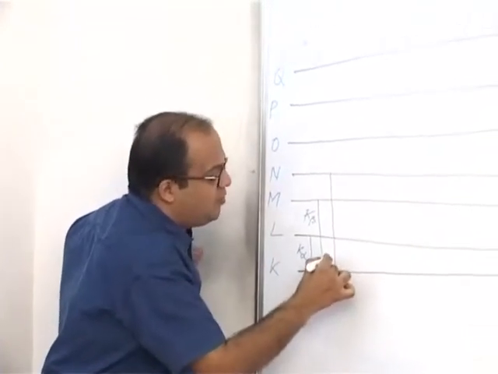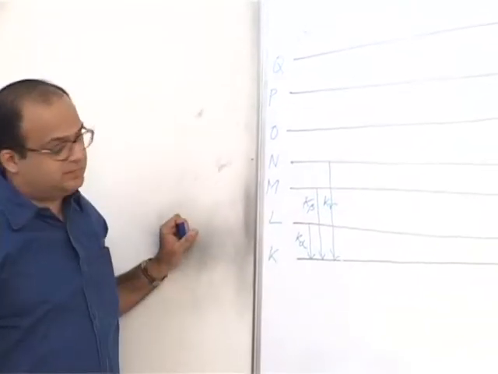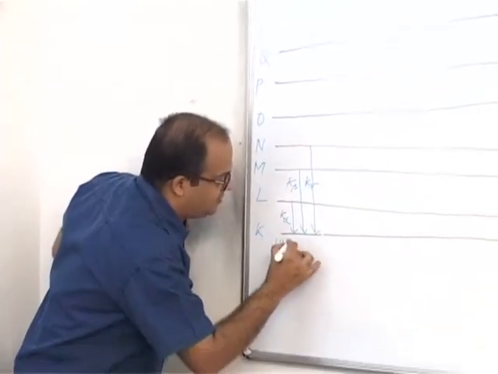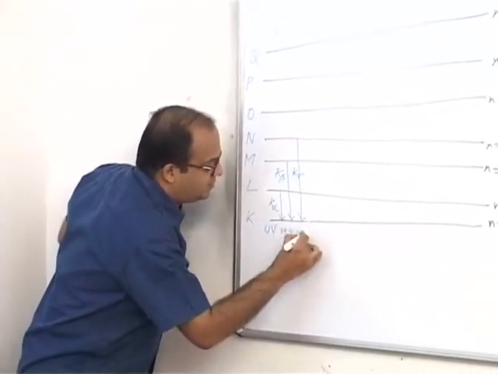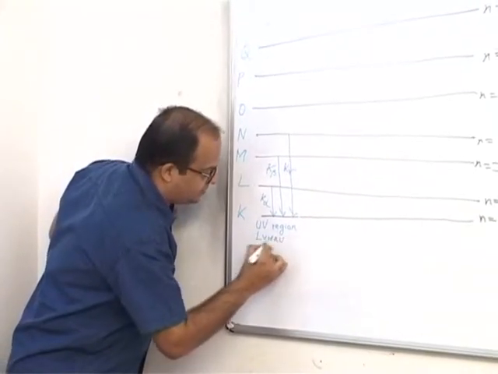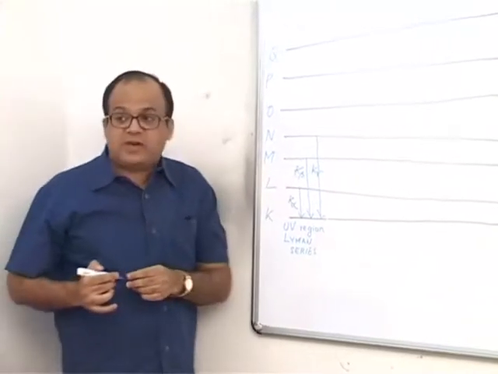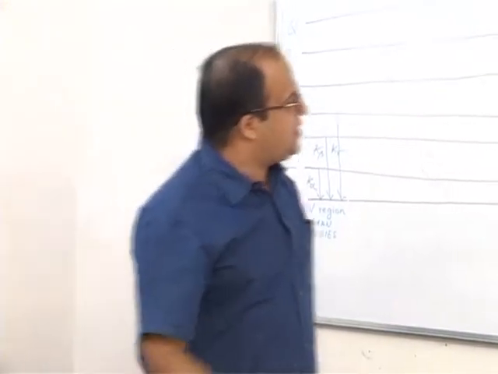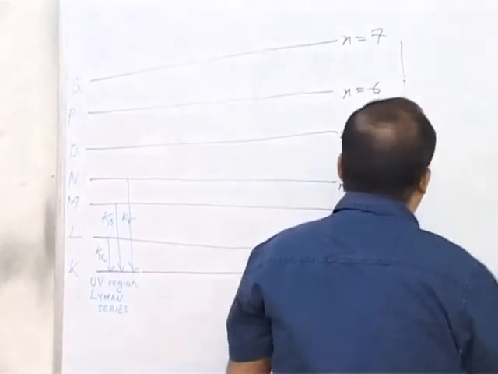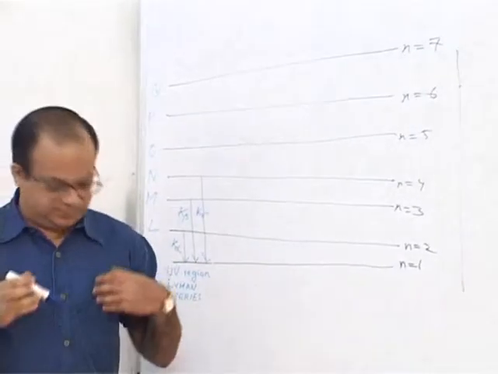Similarly, when it jumps from the fourth energy level to the first, we get the K gamma line. All these lines lie in the ultraviolet region of the electromagnetic spectrum, and they are called the Lyman series. So whenever the electron jumps to the first orbit, we get a series of lines called the Lyman series, and they lie in the ultraviolet region.